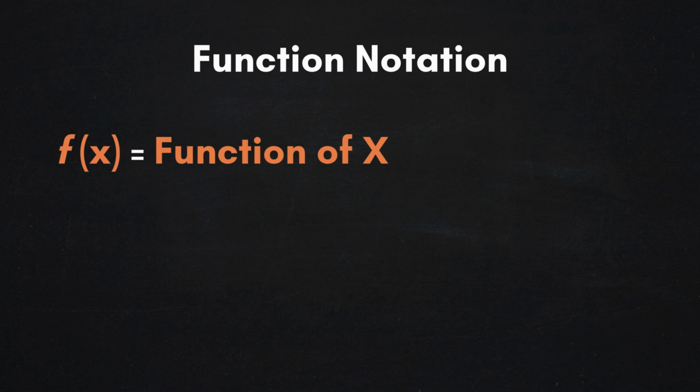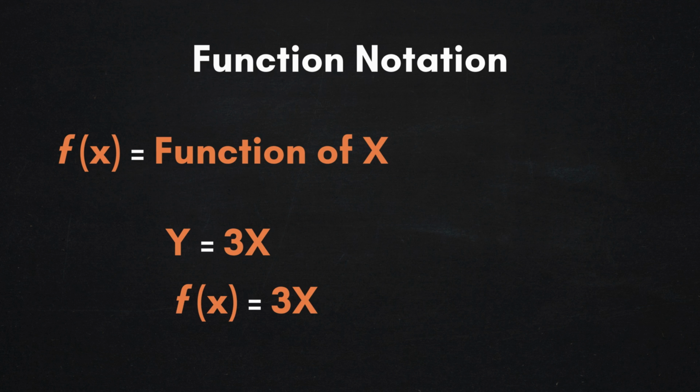So instead of writing y equals 3x, we can write f of x equals 3x. They mean the exact same thing. In this notation, the f just stands for the function itself. The parentheses x remind us that x is the input to the function.